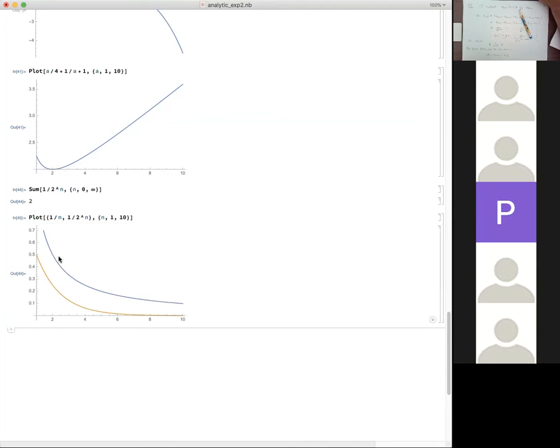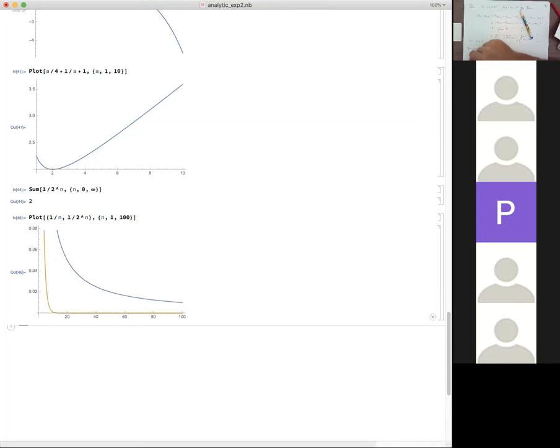The blue curve here goes to 0, right? We can put 100 up here. But you can see that while the blue curve goes to 0, it doesn't go very fast. And the brown or yellow curve that we see goes much faster. And so that's why I chose it. You need something that goes super duper fast.